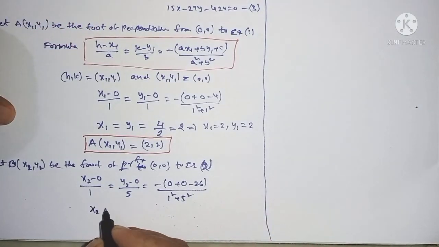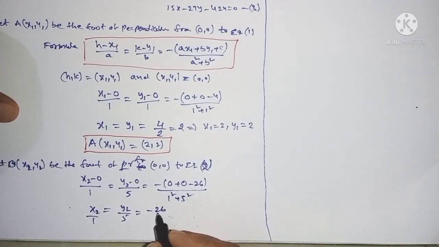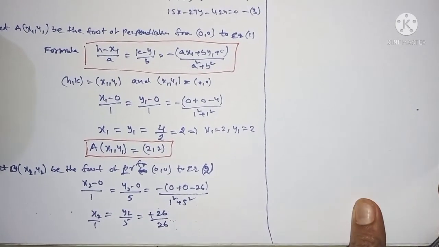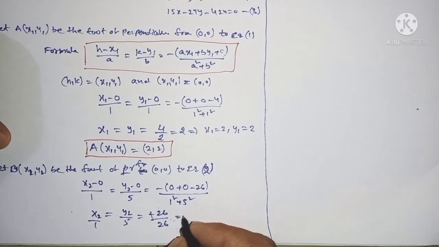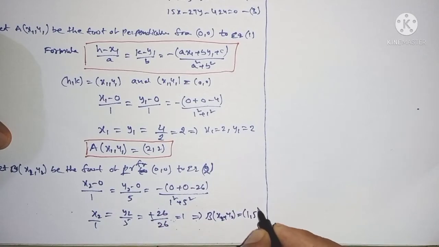Therefore, x2 is equal to y2 by 5 is equal to minus 26 plus 26 by 26, that is 26 by 26, which is equal to 1. Therefore, you got your B value, x2 comma y2, is nothing but 1 comma 5.